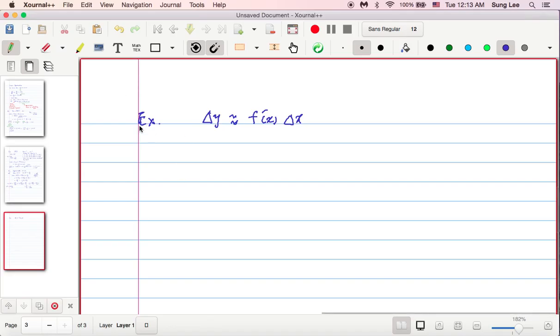Okay, so in our case, delta V, we are going to compute the volume, right? Volume of a sphere.